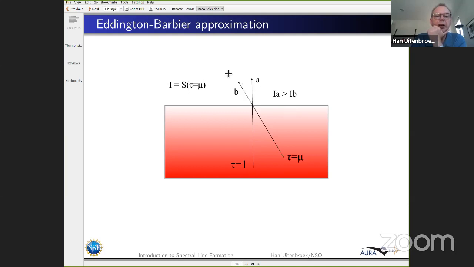Now, when I look at an angle into this atmosphere, I sample the atmosphere just because of the projection of the path through the atmosphere at this angle. I see that the intensity here is equal to the source function at tau equal mu, where mu is less than 1. And so I see that the intensity for ray B should be smaller than that of ray A.